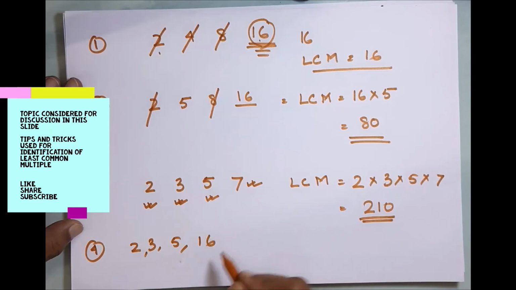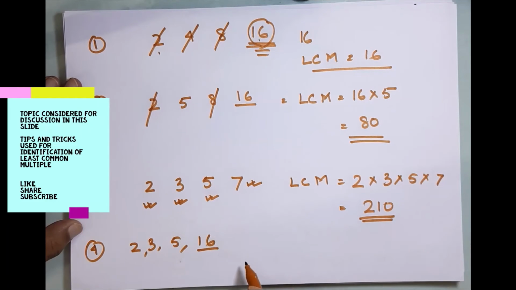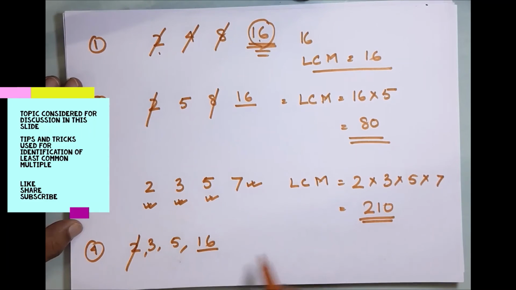Now find out the big number. The big number is 16. Is there any other number by which 16 is divisible out of the given number series? Yes, so you can always strike it out. The remaining two numbers are prime numbers, and as we already discussed in point number 2, the process of identifying the LCM between prime numbers and left out numbers is to simply multiply them.